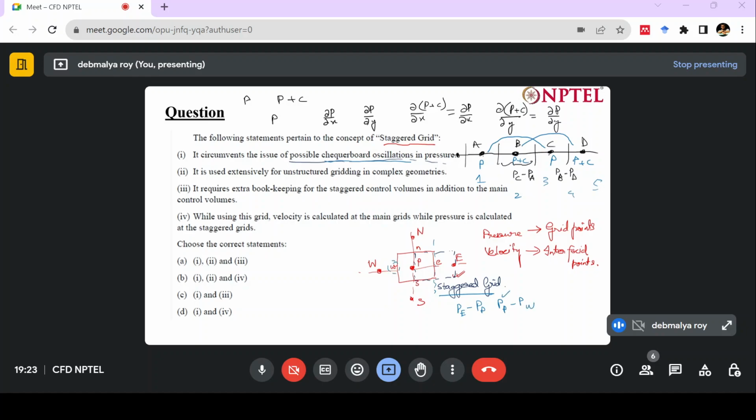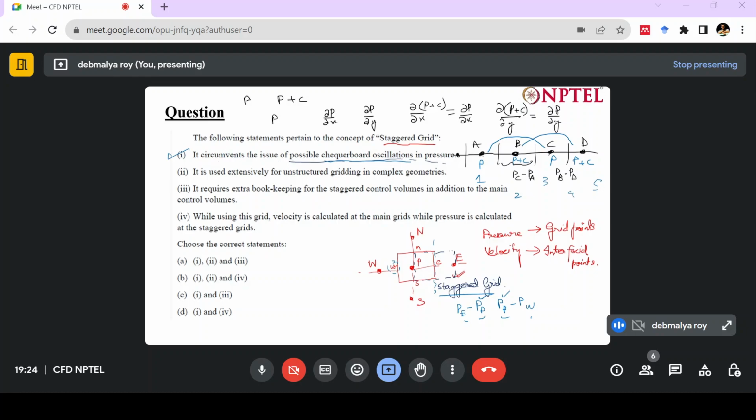So you see all consecutive pressures are linked to each other, and that is what we set out to achieve. That's why this staggered grid geometry is very important when we are solving Navier-Stokes directly from velocity and pressure equations. Okay, so this first point is correct.